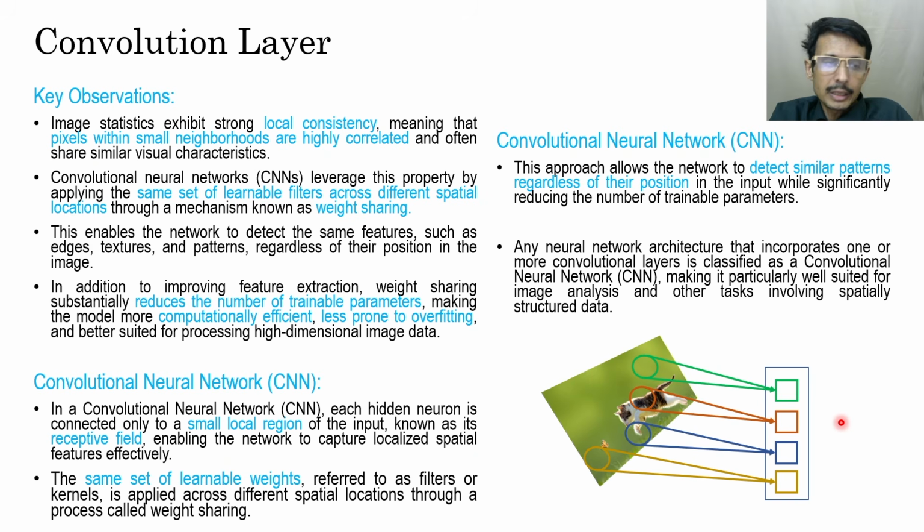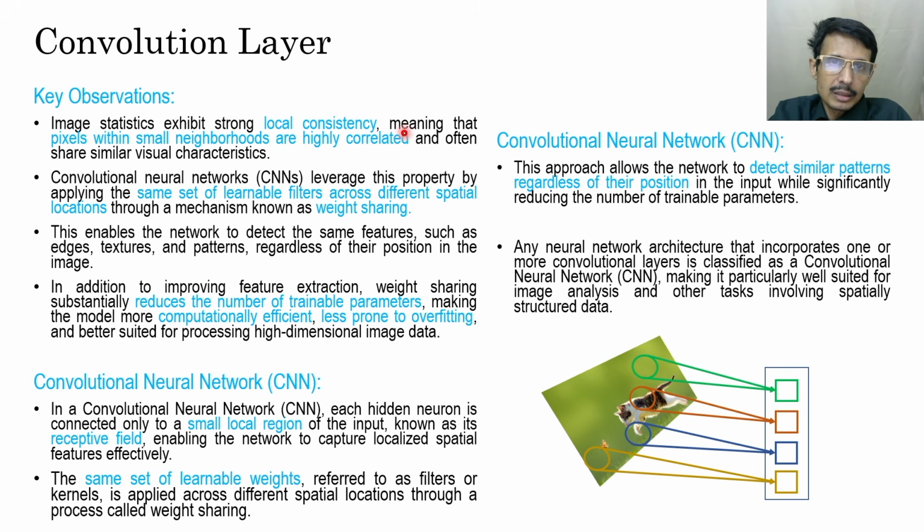Now, if we summarize what the convolution is basically doing, we have some observations. First of all, the image statistics exhibit strong local consistency. That means in a local neighborhood, we have similar image statistics.